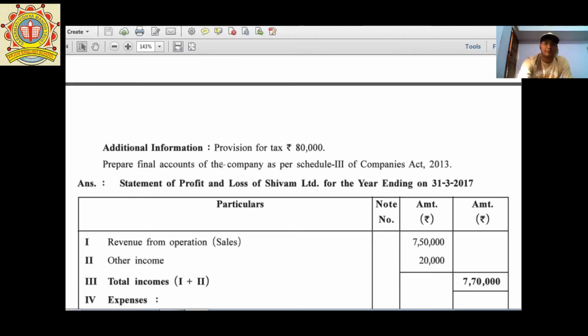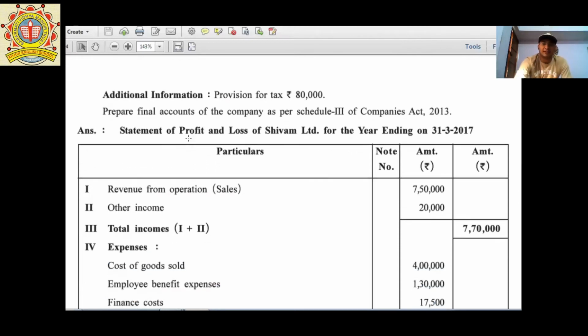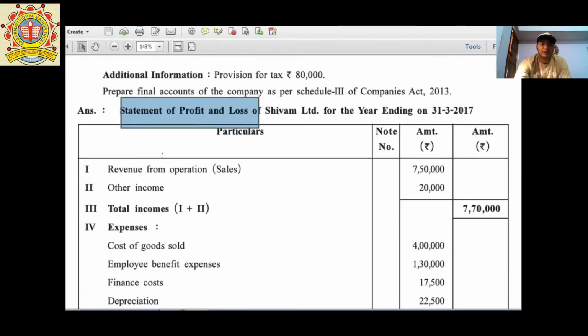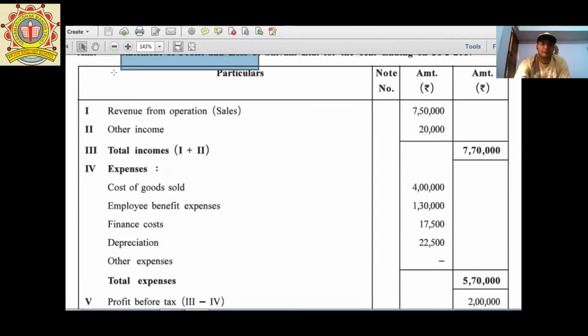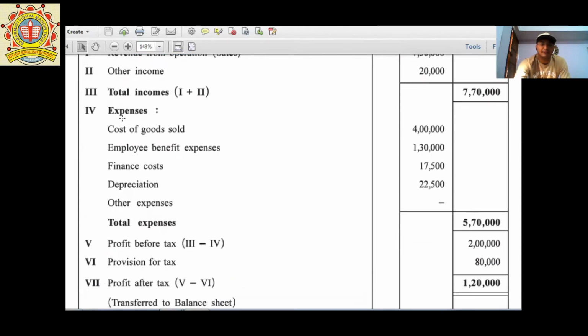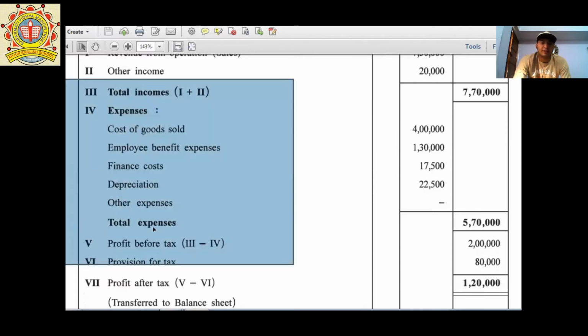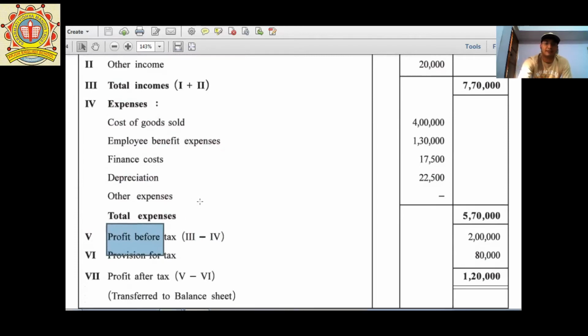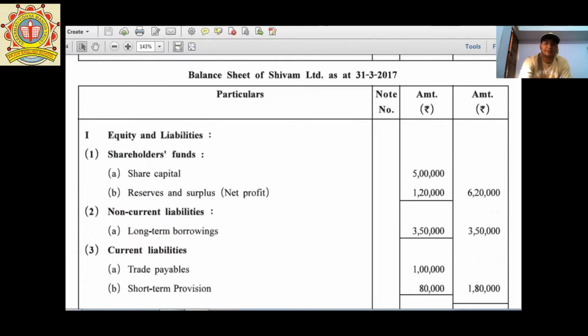First of all, we are preparing the statement of P&L account, and the format is: revenue from operations, other income, total income, expenses. It includes the COGS, employee benefit, financial cost, depreciation, other expense, total expense. Then profit before tax, provision for tax, profit after tax. This is the common format.